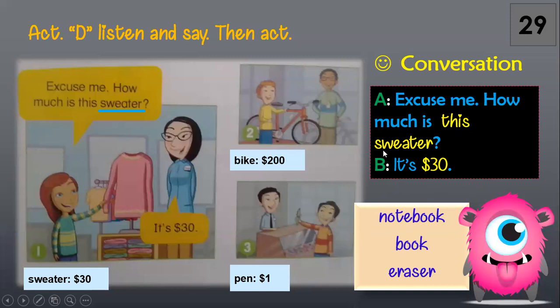But remember that in this case, I am asking about only one. Now, we are asking about the shoes, a pair of shoes. So the question is, how much are these shoes? They're $65.